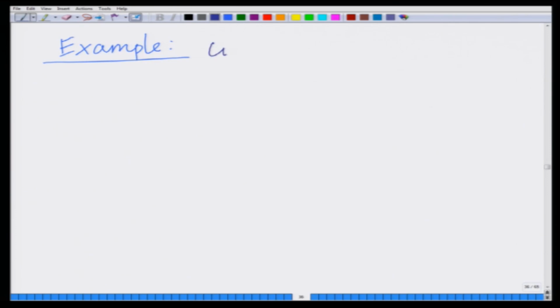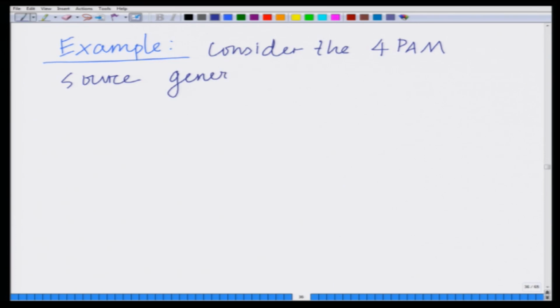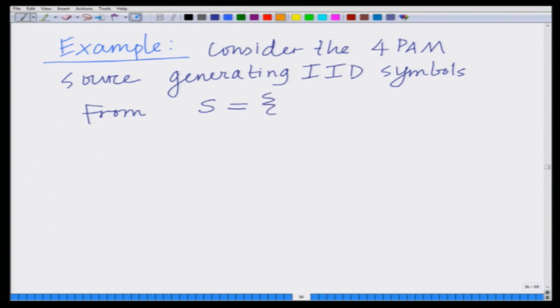Consider the 4 PAM source, as usual, generating IID symbols, that is independent, identically distributed symbols from the constellation S equal to minus 3 alpha, minus alpha, alpha, 3 alpha, and we said the probabilities are 1 by 8, 1 by 8, 1 by 4 and half.